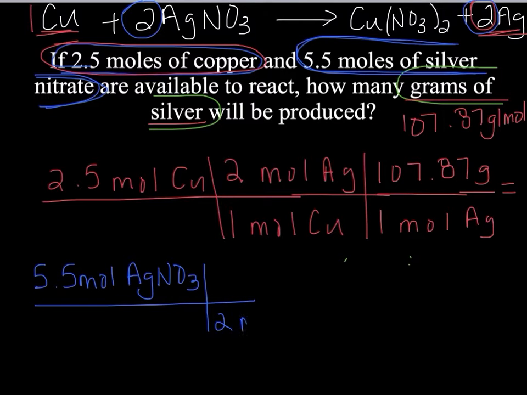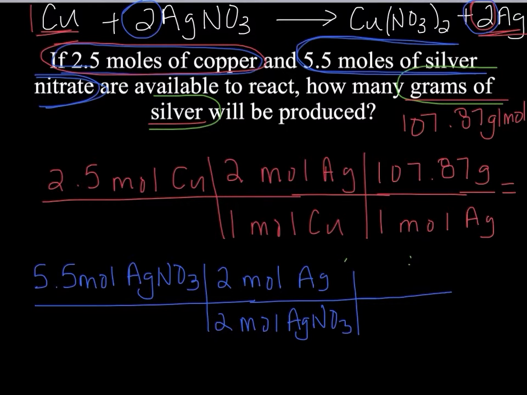So 2 moles of silver nitrate on the bottom and 2 moles of silver on top. My last step, once again, is to convert to grams of silver using the molar mass of silver. So it's the same as above, 107.87 grams of Ag for every 1 mole of Ag.